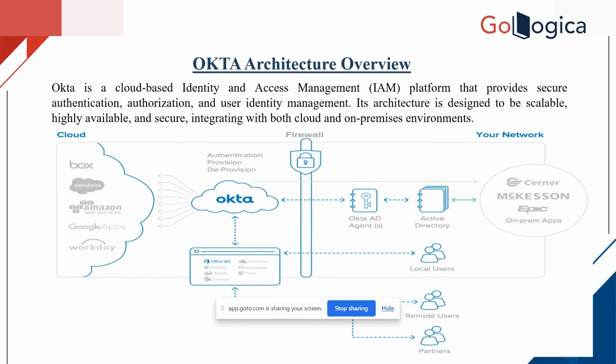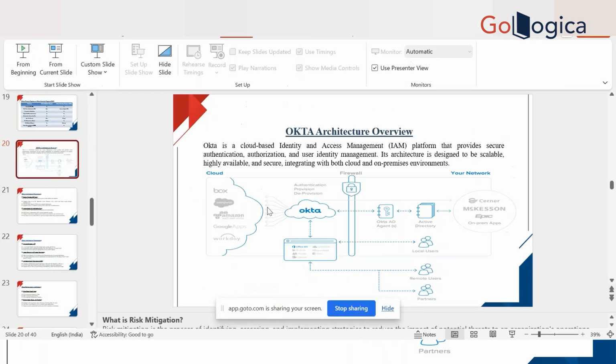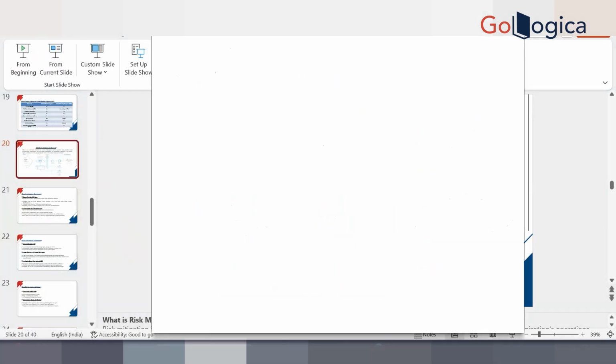As you already know, Okta is a cloud-based identity access management platform which provides secure authentication, authorization, and user identity management. This architecture is designed to be scalable, highly available, and a secure integration between the cloud side and the on-prem environment. I'll give you one more walkthrough in a pictorial format.